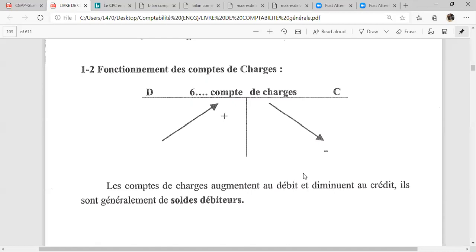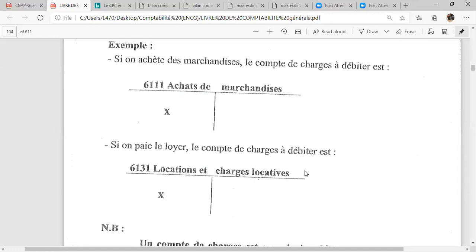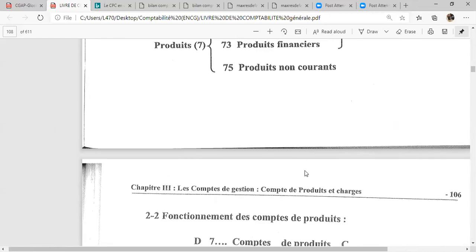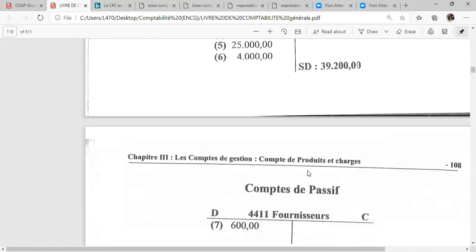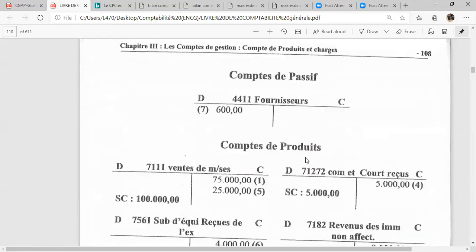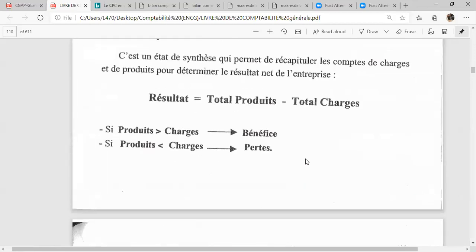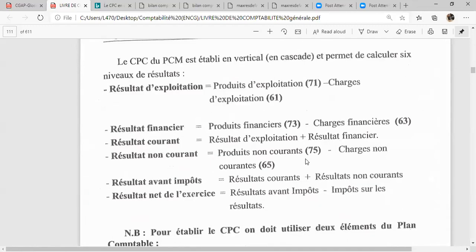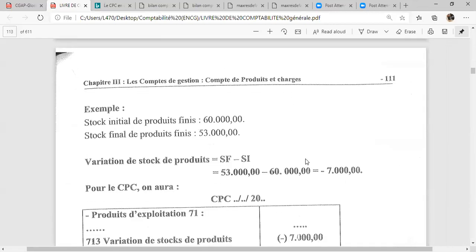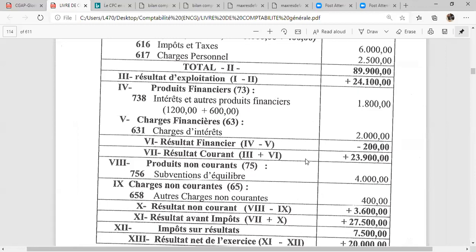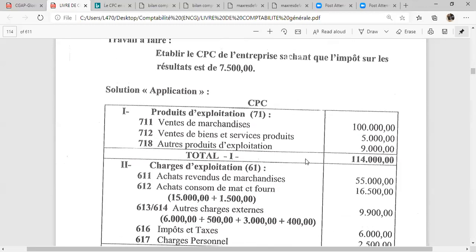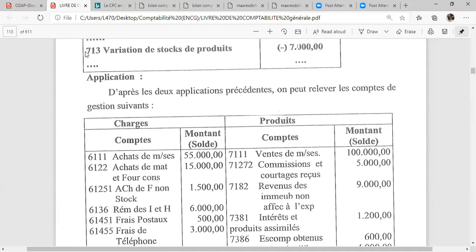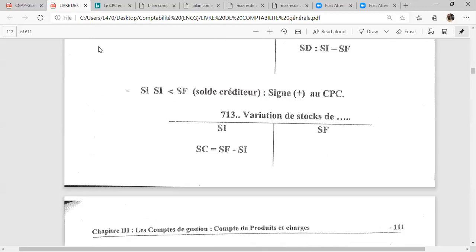So I think that's it on the CPC. There's really not much, except you have to see how it looks, how you draw it. I don't know if there's a clear-cut example in this book. Just a minute, I'm looking for a much simpler example for you.